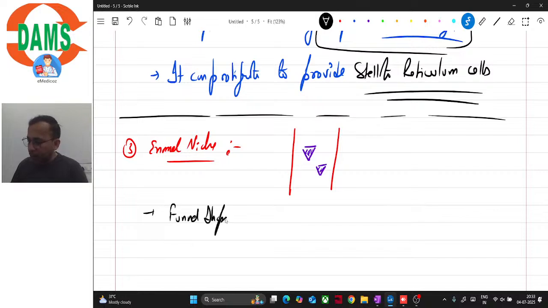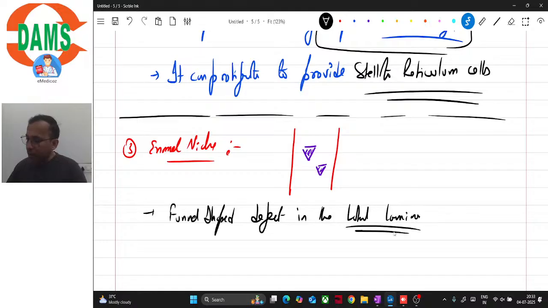So basically it's just a defect. The cells did not proliferate properly. When the epithelial cells were proliferating and did not cover the entire area, they trapped the ectomesenchymal cells, right? And these locations where the ectomesenchymal cells got trapped are known as enamel niche.